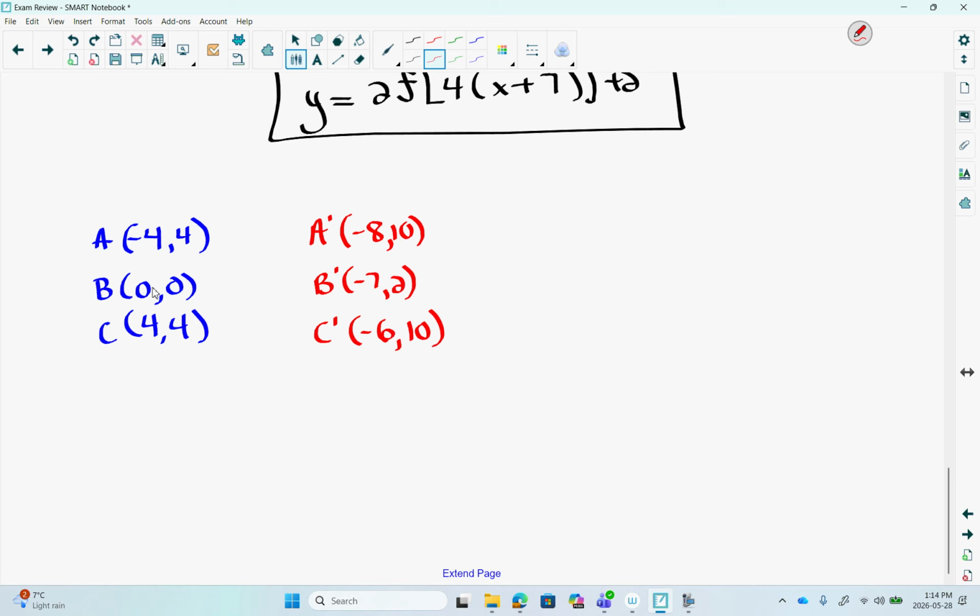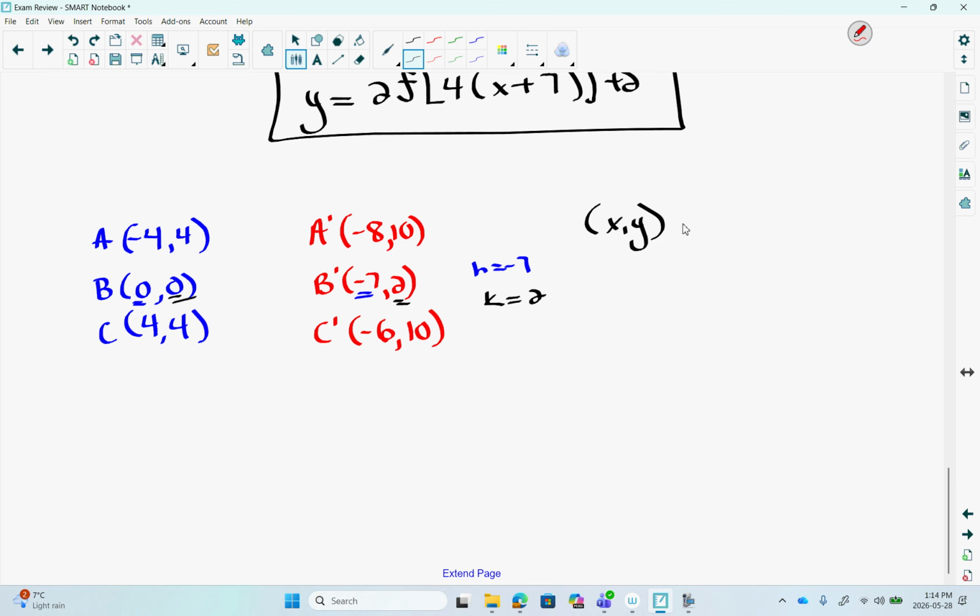This point's helpful. This kind of isolates the H and K. I can see that my H value is -7, and I can see that my K value is 2. All right, so I know my mapping rule would look like this.